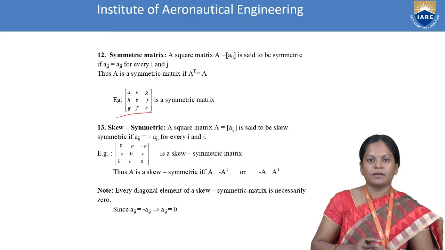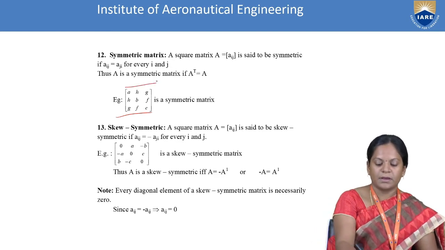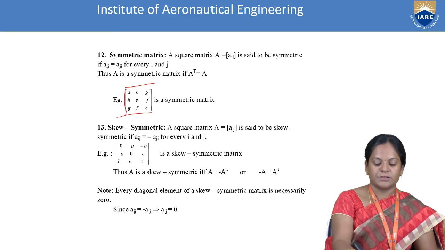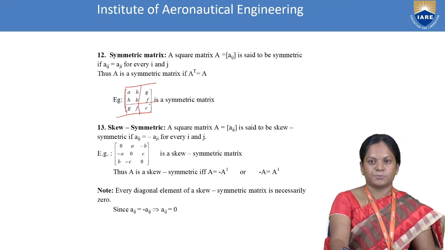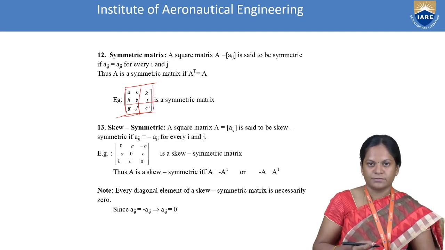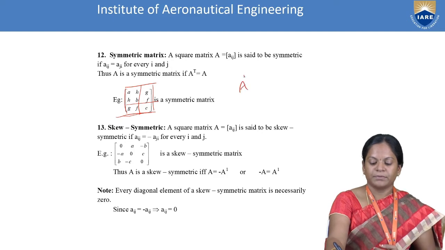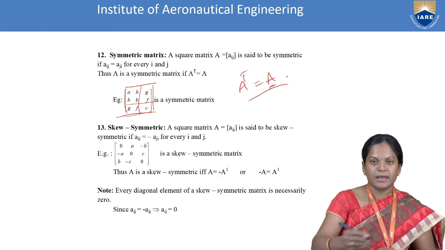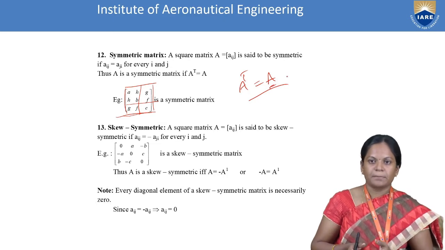I want to change rows into columns. The first row a h g becomes again a h g. The second row h b f becomes the second column h b f. The third row g f c becomes the third column g f c. If we change rows into columns, we'll get the same matrix. So A transpose we will get again the A matrix. So the matrix A is said to be a symmetric matrix.